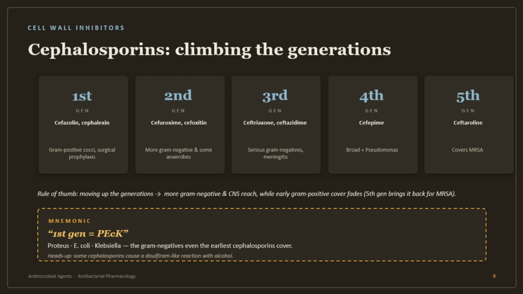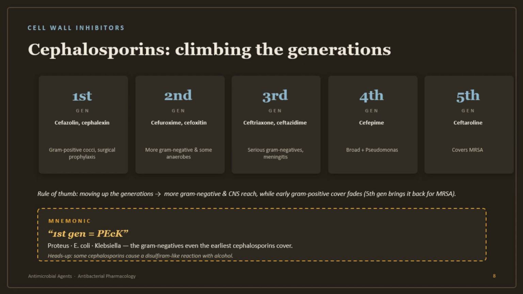Second generation, cefuroxime and cefoxitin, more gram-negative coverage and some anaerobes. Third generation, ceftriaxone and ceftazidime, serious gram-negatives and a workhorse for meningitis. Fourth generation, cefepime, broad coverage plus Pseudomonas. And fifth generation, ceftaroline, the special one that covers MRSA.